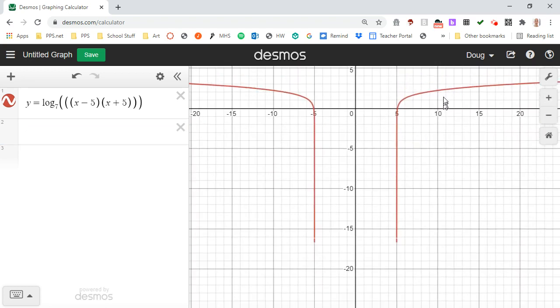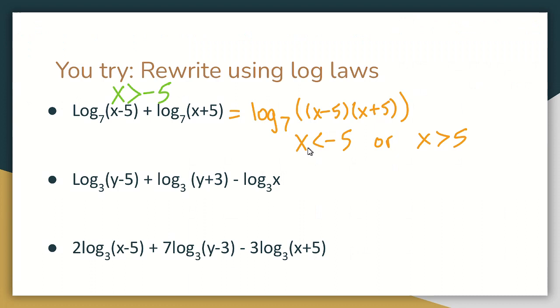Yeah, so it looks like I had the right idea. x could be less than -5. x could be greater than +5, but it can't be in between. So this one's pretty unusual. x could be less than -5, or x could be greater than +5.